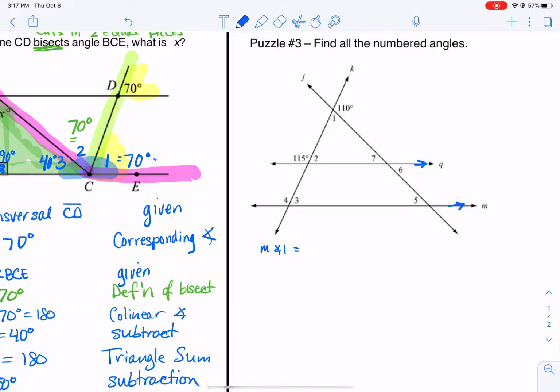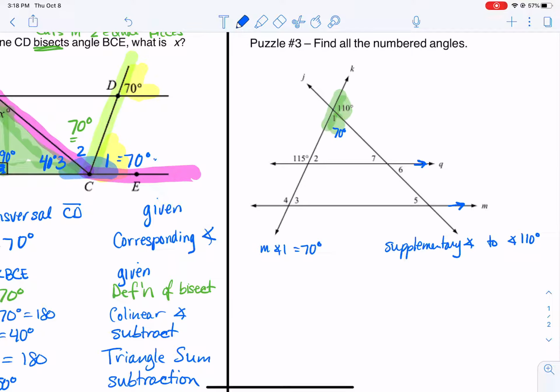I know the measure of angle 1 equals 70 degrees because it is supplementary angle to angle 110. So I can look right here and see that these two angles are supplementary, and that means that this is going to equal 70 degrees.